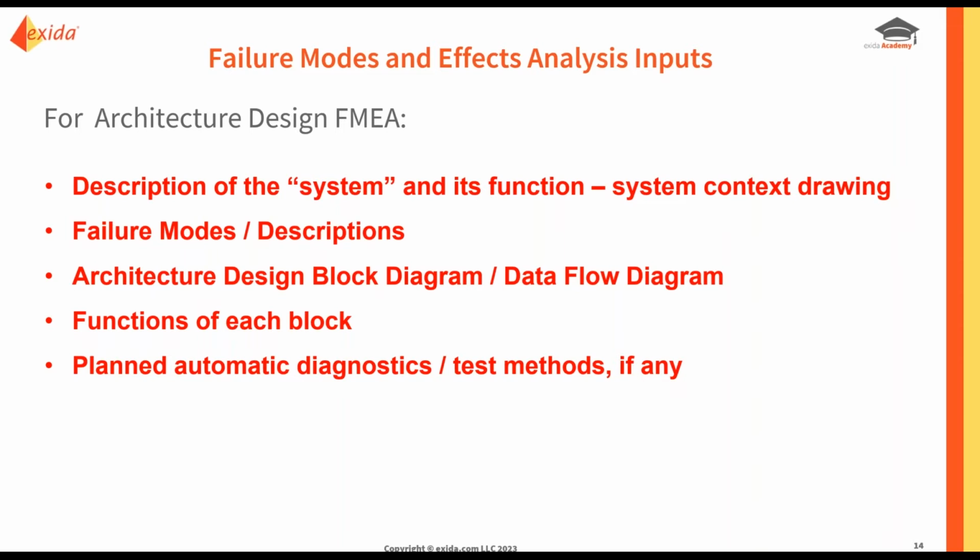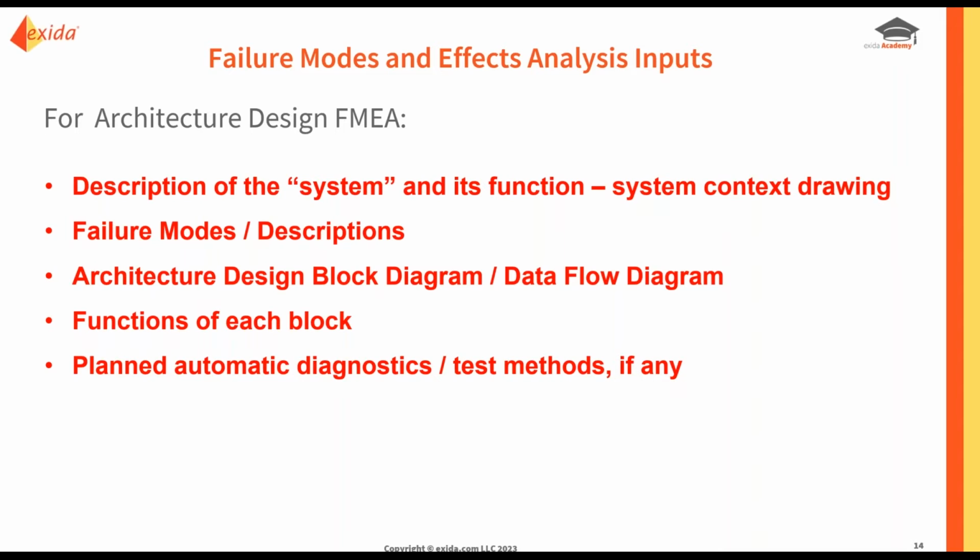Same technique for hardware and software. We must describe the functions of each block or each computing function in the software. And of course, if there are any planned automatic diagnostics or test methods, in effect, planned mitigations that have already been thought about, for which we already have requirements, we need to know what they are.